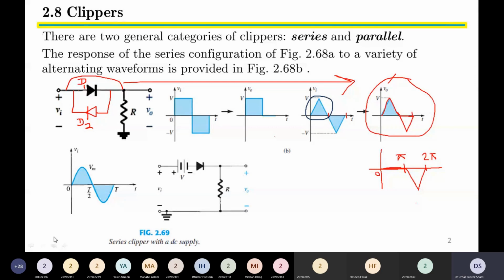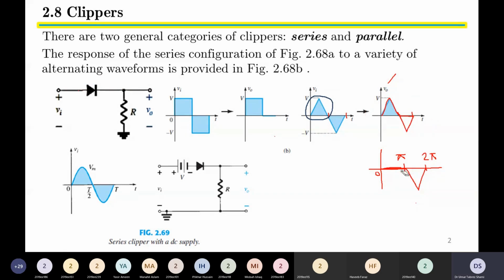Okay, now let us come to another application of clippers. This time, we add a certain amount of DC voltage in series with the diode, and then let us see what happens to the output voltage signal.